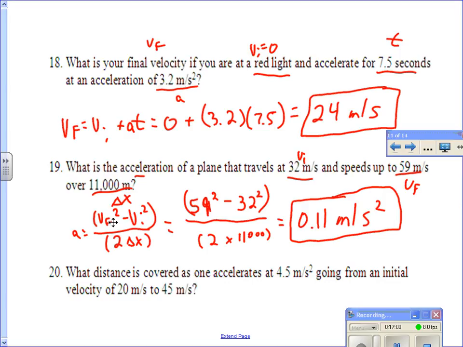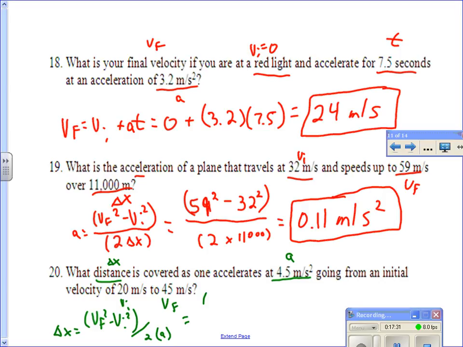All right, what distance is covered? Let's change to green, to something different. What distance is covered? That's going to be a delta x as one accelerates at 4 meters per second squared, going from an initial velocity of 20 to 45. So this one is delta x equals (VF squared minus VI squared) over 2 times a.